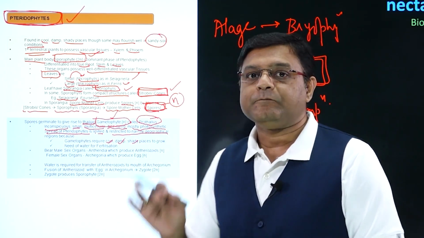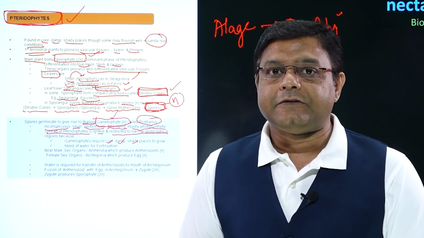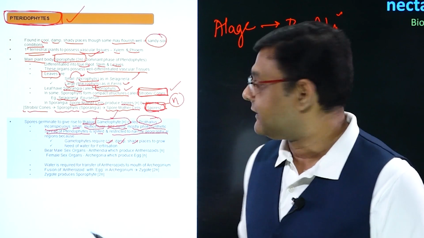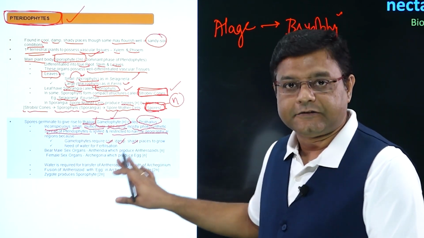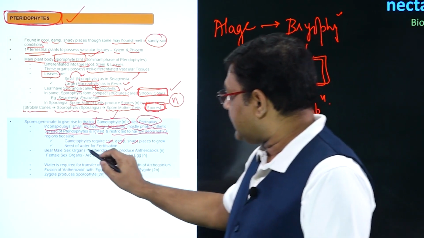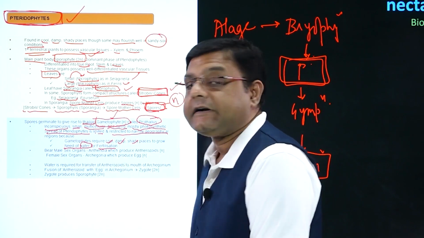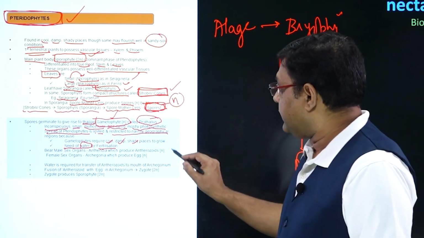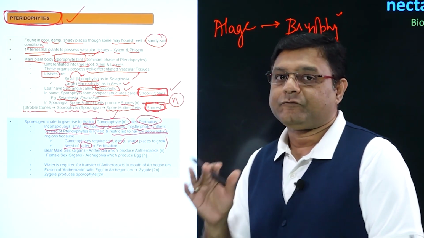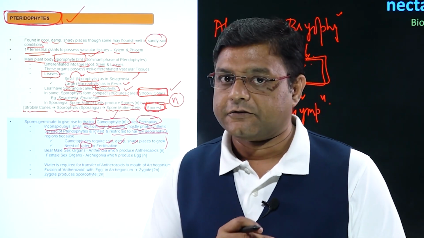So that is why the gametophyte of pteridophytes cannot survive in places where there are high sunlight conditions. So this is a restriction for the spread of pteridophytes. The second restriction is that it will require water if fertilization has to occur. So due to these two conditions, pteridophytes cannot spread to many geographical areas.